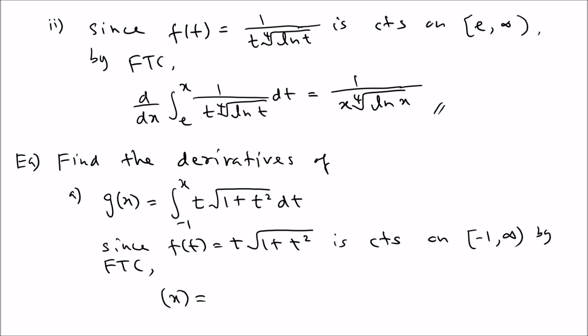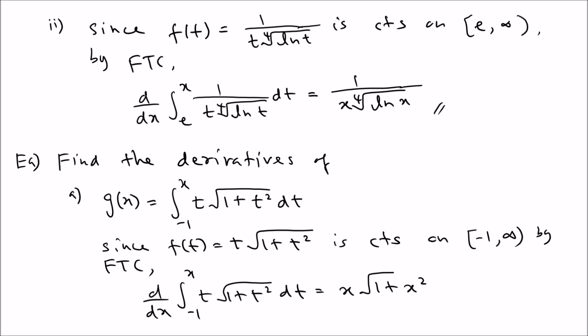I'm going to write this one like that until you get comfortable. So d over dx of the integral from -1 to x of t times the square root of 1 plus t squared dt is simply, you replace t by x, so it's x times the square root of 1 plus x squared. That's it. Very simple, just one line.